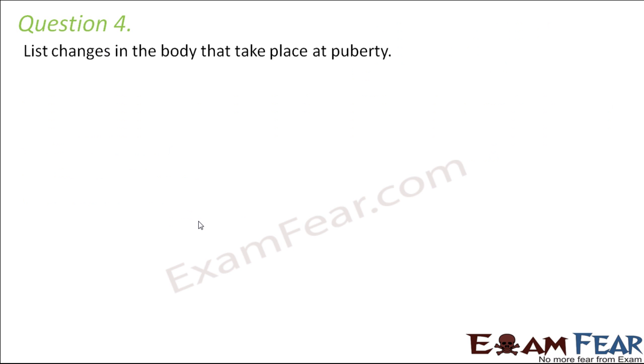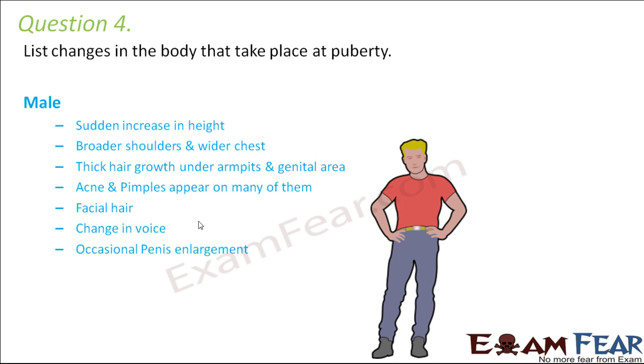Question number 4. List the changes in the body that take place at puberty. There are different changes which take place in the body of males and females. In case of males, there is a sudden increase in height, shoulders broaden and the chest also widens. There is thick hair growth under the armpits and genital area.